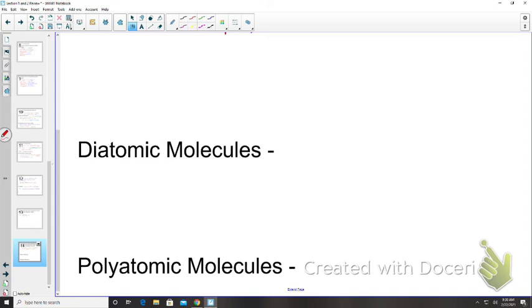So hydrogen is one, and then nitrogen, oxygen, fluorine, chlorine, bromine, and iodine. So we have H2, and then we have N2, O2, F2, Cl2, Br2, and I2. 1, 2, 3, 4, 5, 6, 7.